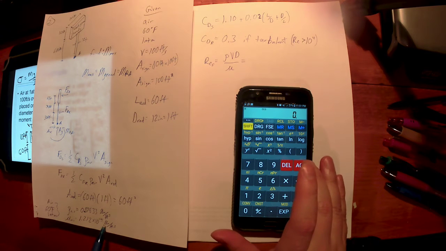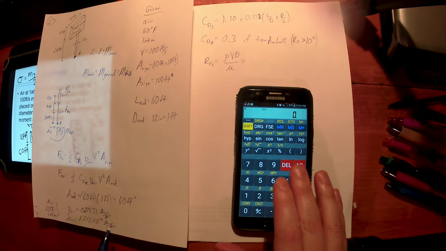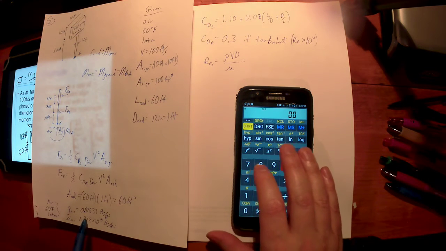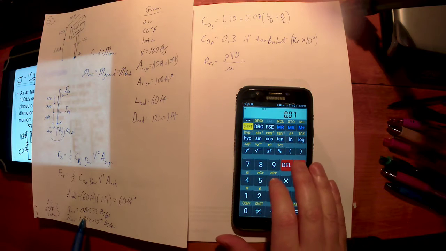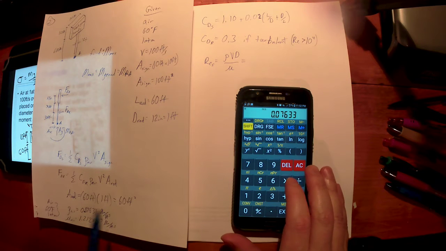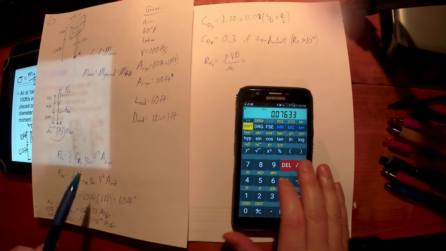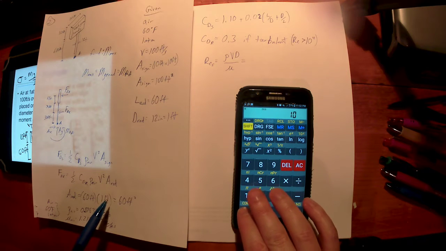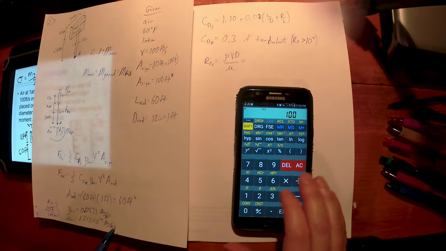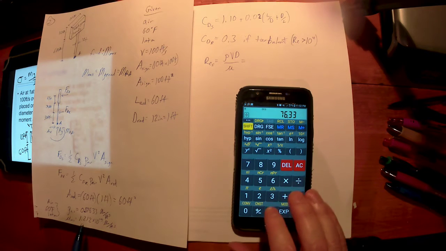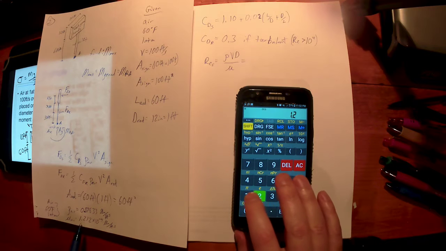You can triple check that, but those units look like they're going to cancel out just fine. So density, we said, is 0.07633, multiplied by speed, which is 100, and the length is 10, divided by this viscosity, 1.212 times 10 to the minus 5.